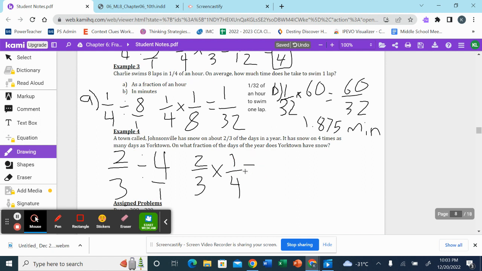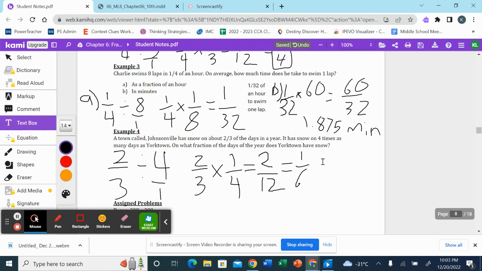Now it's easy. 2 times 1 equals 2. 3 times 4 equals 12. And I can simplify to lowest terms. Both can be divisible by 2. 2 divided by 2 is 1. 12 divided by 2 is 6.